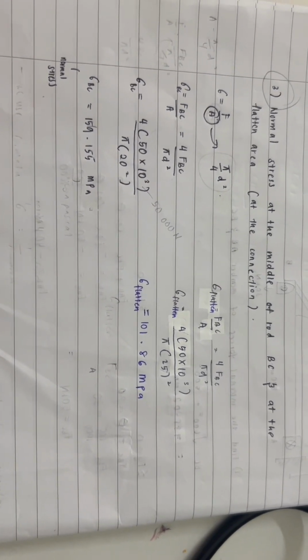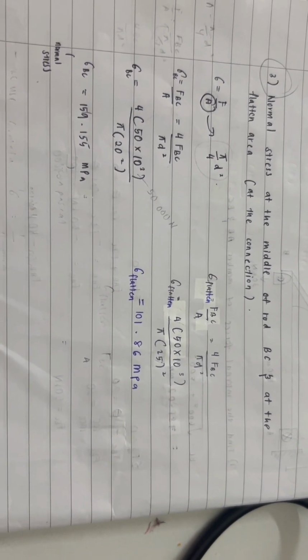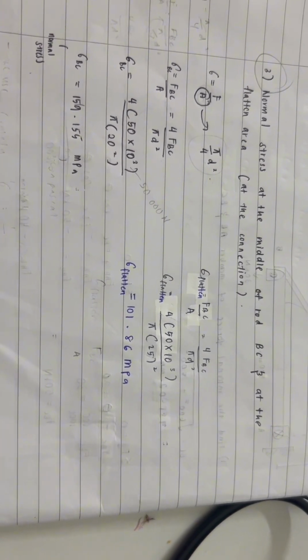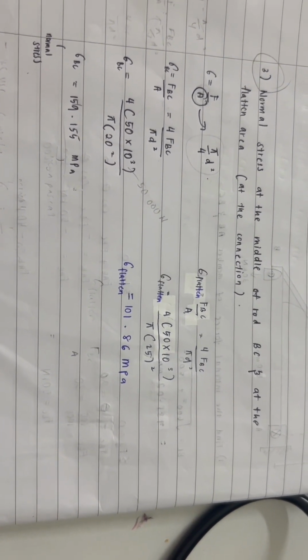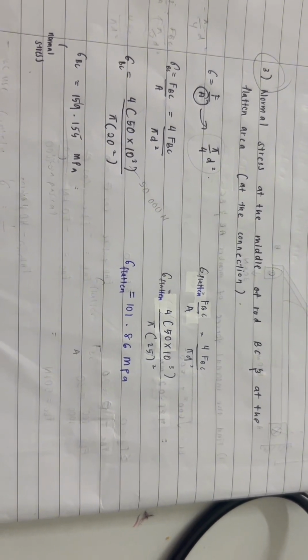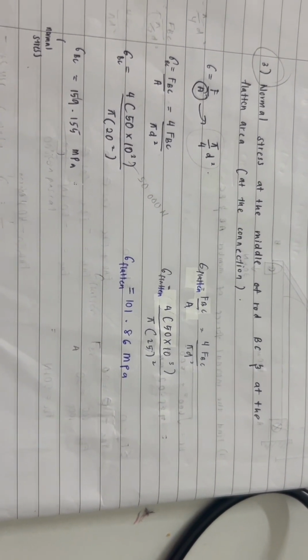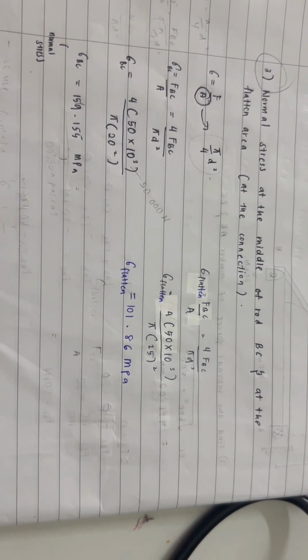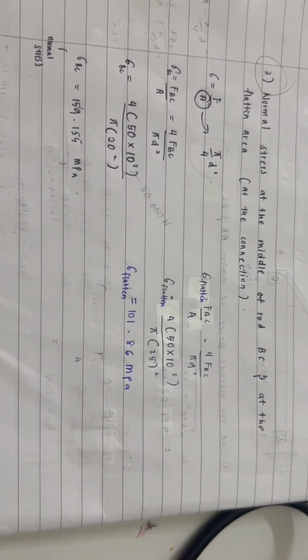Next, for the flattened area, we know that the flattened area is a flat part on a round object like a pin or bolt. It is placed where the bolt or pin touches the plate in a connection. Even though it's called flattened area, the cross section is still circular because it is connected using a bolt.